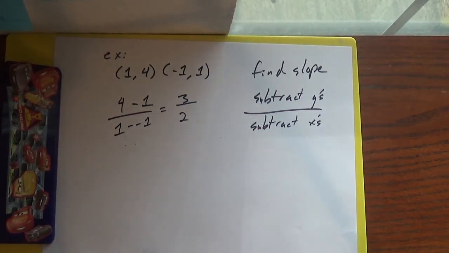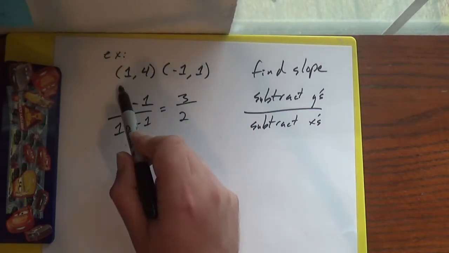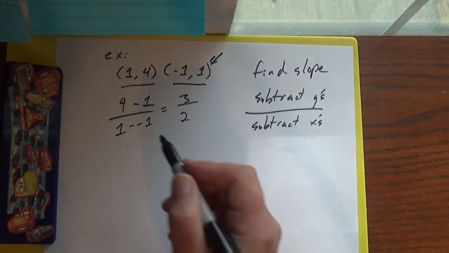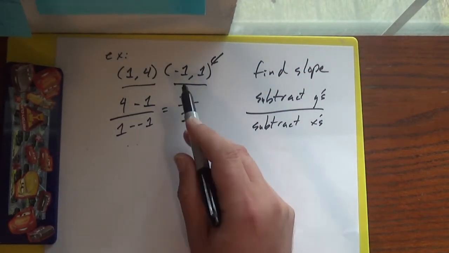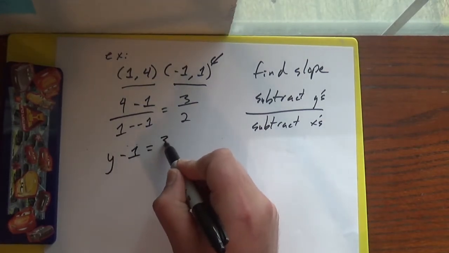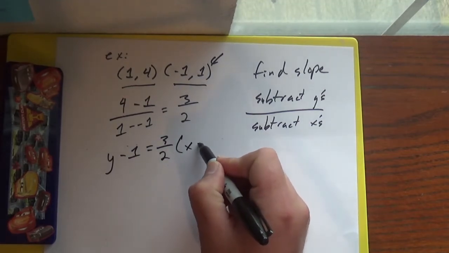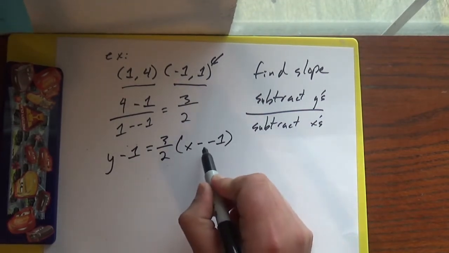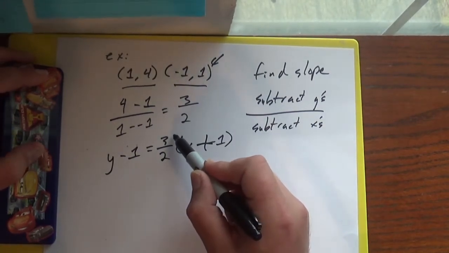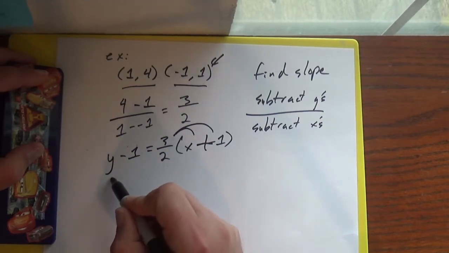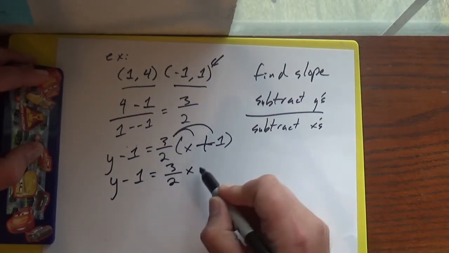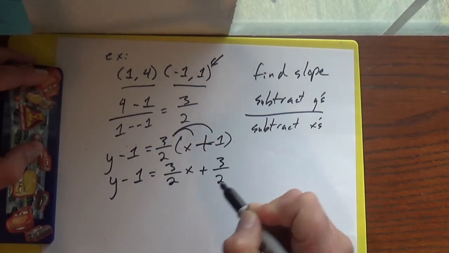And now I can pick which point I want to use. So I could use this one, or I could use this one. I'm just going to use this one. So I'm going to plug in my slope and my point. So y minus 1 equals 3/2 times x minus negative 1. Negative, negative makes it a positive, so I'll just make a big positive. I need to distribute my slope. So y minus 1 is 3/2 x plus 3/2.